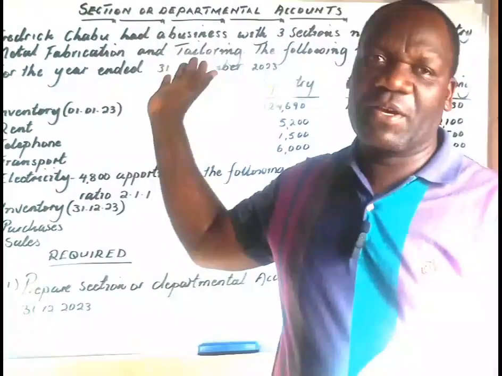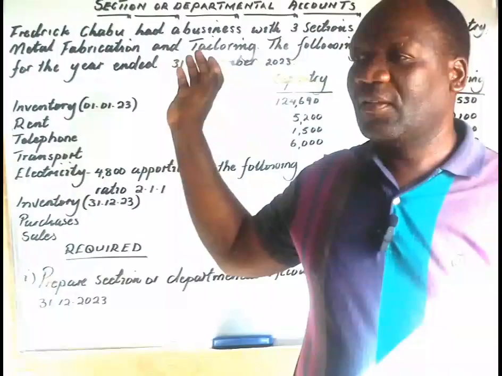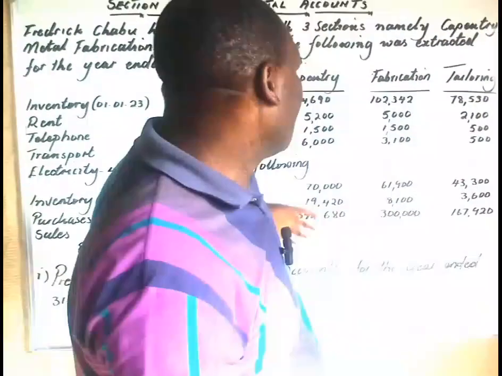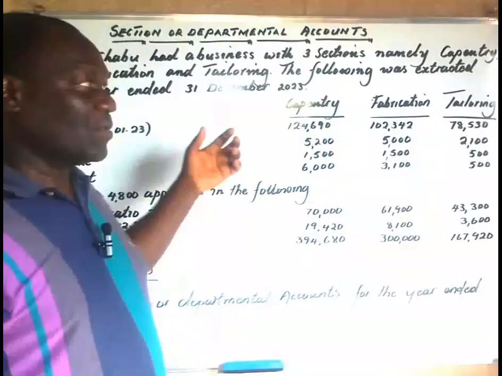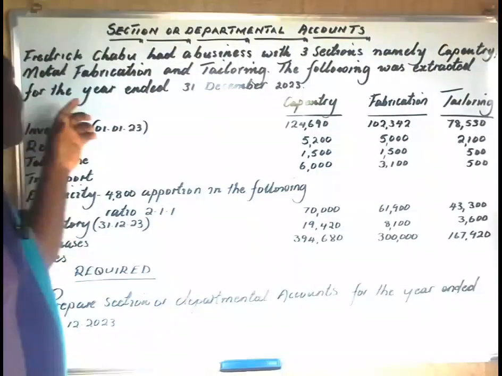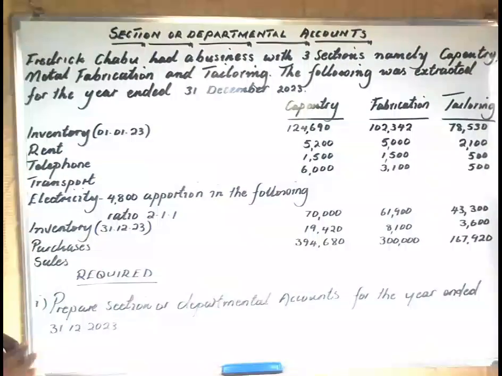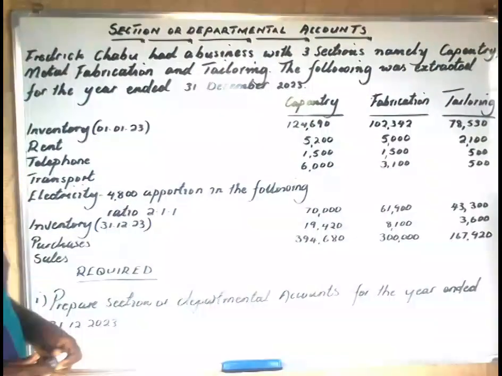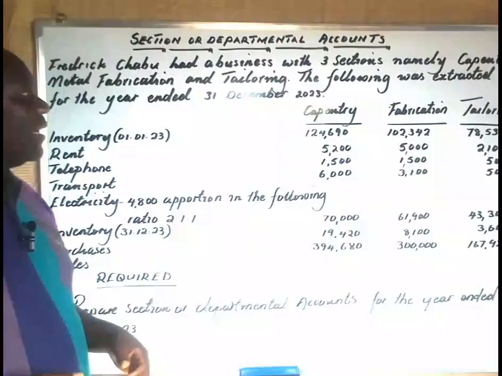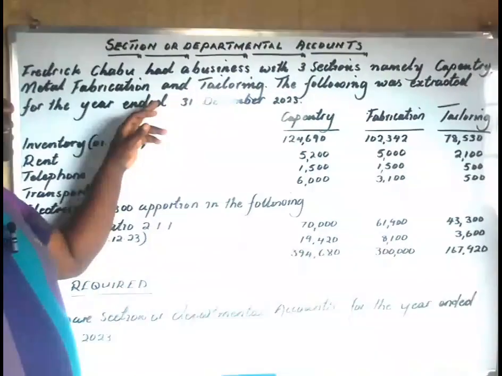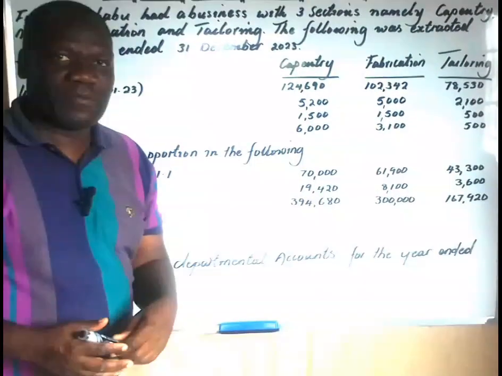So I have a question behind me here that we are going to solve together. Allow me to read so that we are able to solve. The question reads, Frederick Chabu had a business with 3 sections, namely carpentry, metal fabrication, and tailoring.